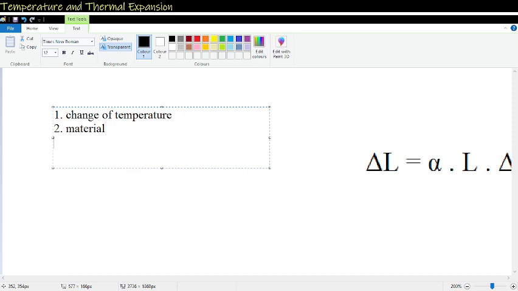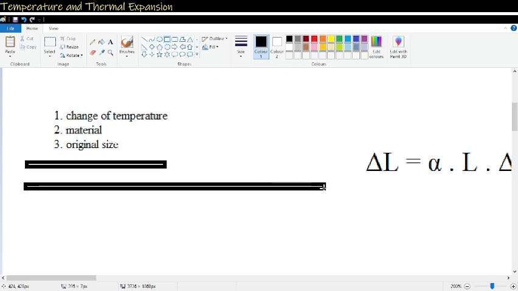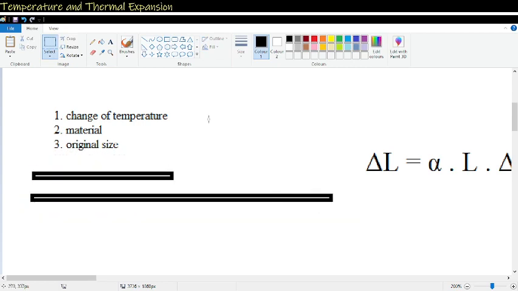And the last one is the original size. If you have an object with the same material, let's say like this, but the other object is about 2 times longer, like this, so this is the same material and this is around 2 times longer than the first one. And if you expand both with the same change of temperature, for example, I put the red one for the expansion.